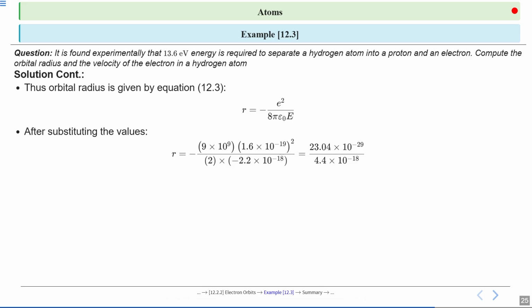And E is minus 2.2 multiplied by 10 to the power minus 18 joules. So this is equal to 23.04 multiplied by 10 to the power minus 29 upon 4.4 times 10 to the power minus 18.